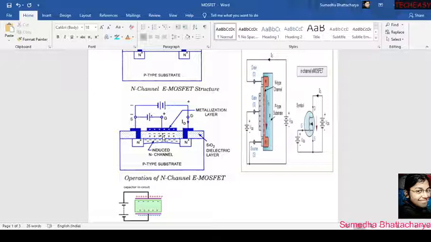Now, for an insulator, when some potential is added here, that means when VGS is very low, then what happens? The minority charge carriers, that means the electrons, will come nearer. When some value of VGS is added here, only some electrons will come near to this SiO2.